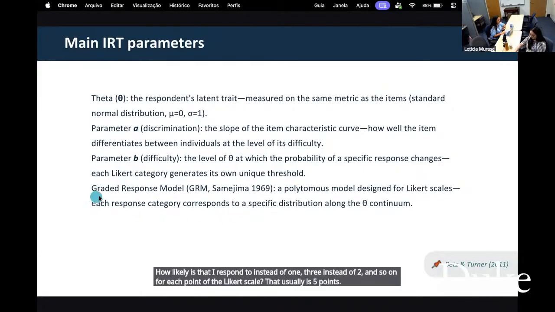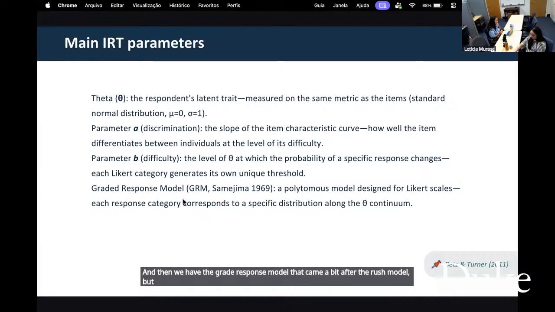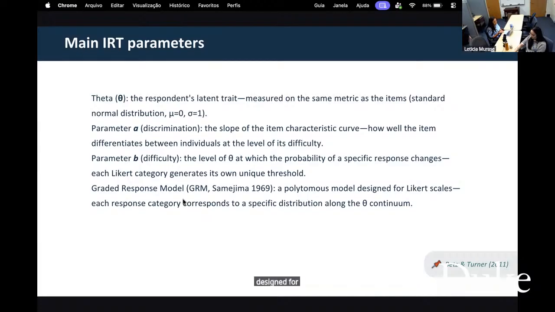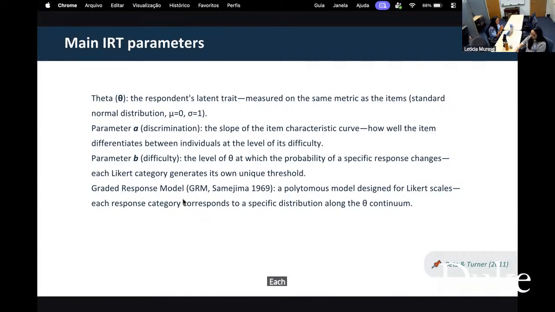And then we have the graded response model, which came a bit after the Rasch model, but took a step forward because we can now use polytomous models designed for Likert scales, for example, whereas the Rasch model would be for dichotomous items, so yes or no, true or false responses. Each response category corresponds to a specific distribution along the theta continuum.